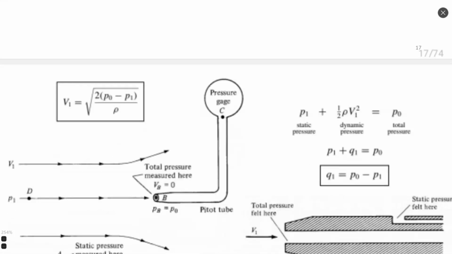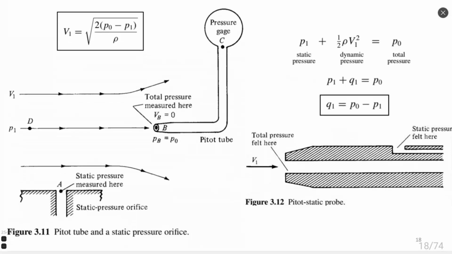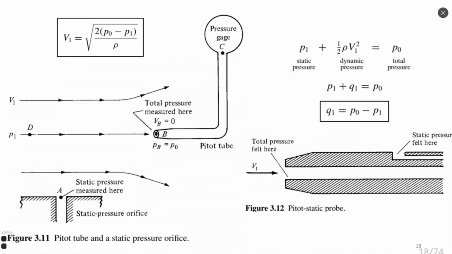Measurement of airspeed by Pitot tube, shown also in our chapter 3. It's a very simple method. You probably already know quite well. To measure airspeed, we need to have two values.